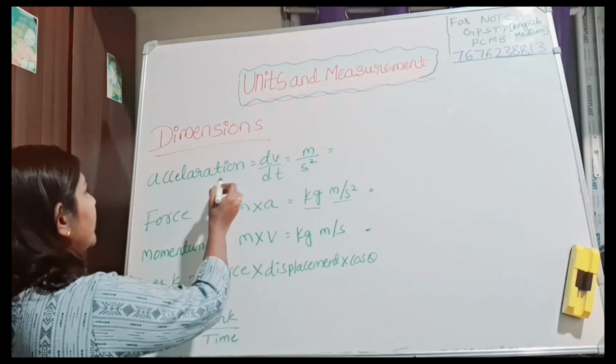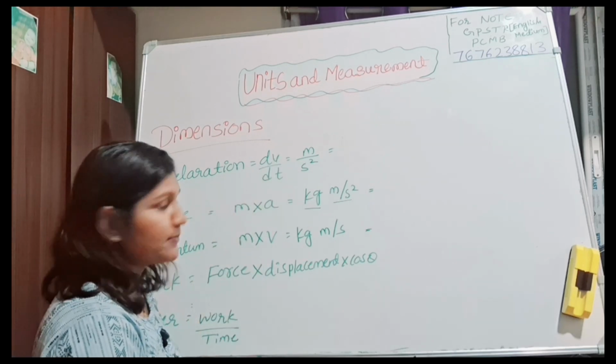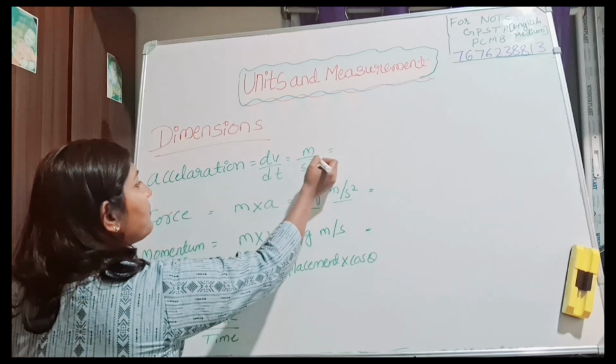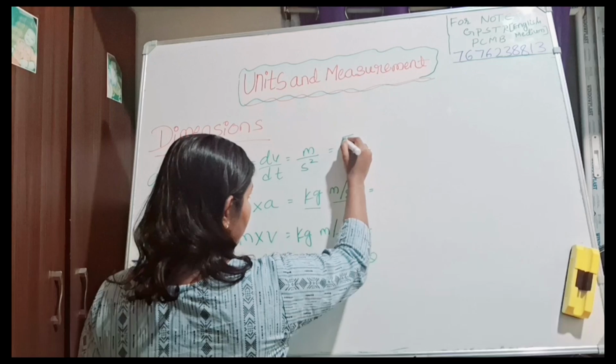You should write the formula for acceleration, that is the rate of change of velocity with respect to time. So I have written meter per second square. Now how will we write the dimension?